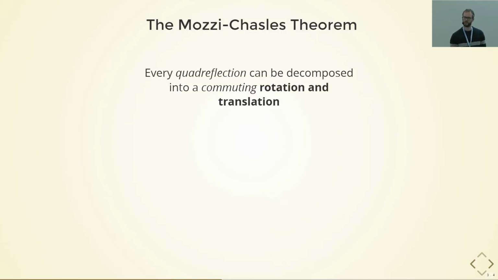And rotation and translation, that means bireflections. So if you want to generalize this phrase a bit, you would say that every quadreflection can be decomposed into commuting bireflections. And now suddenly it doesn't seem to have that much to do with 3D geometry per se anymore. This might also hold, and it does indeed hold, for example, in space-time.